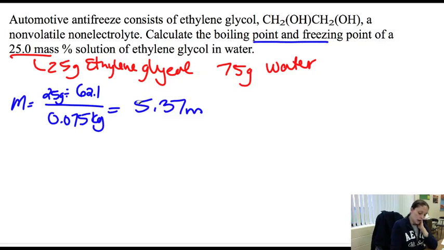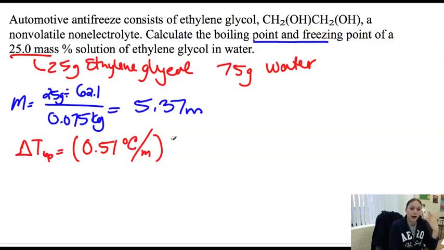Now, if I want to look at my boiling point temperature and how much that's going to go up, I take my constant for the solvent. We look at that chart. You find water. Water is 0.51 degrees Celsius per molal. How many molals do I have?